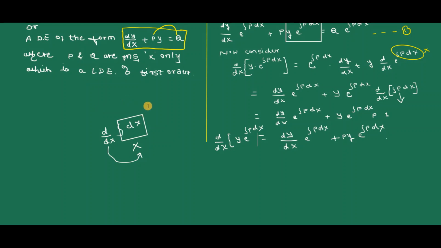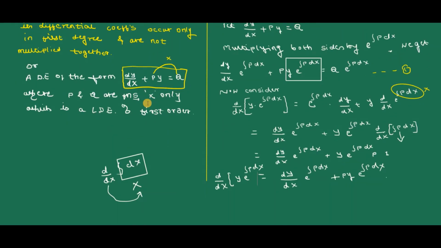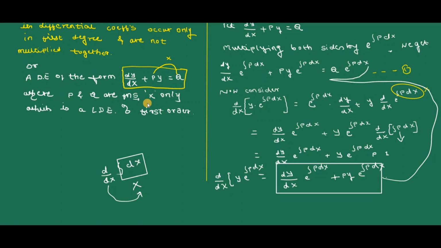Now if you check equation 1, this term is q into e raised to integration of p into dx, because on the left hand side we have dy by dx e raised to integration of p into dx plus py e raised to integration of p into dx, which is similar.